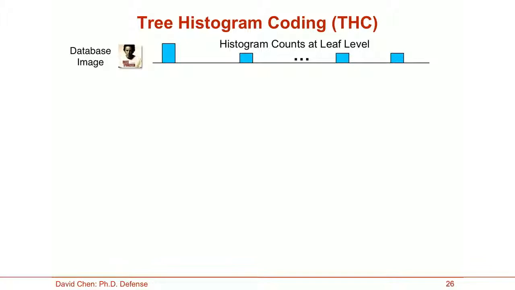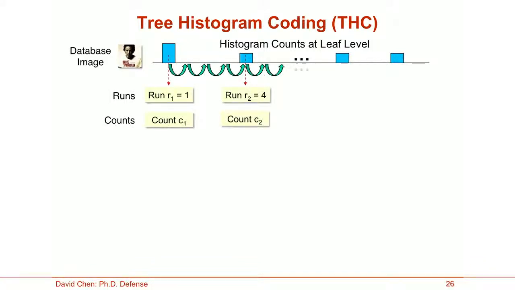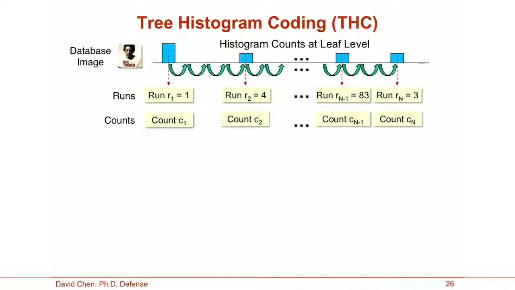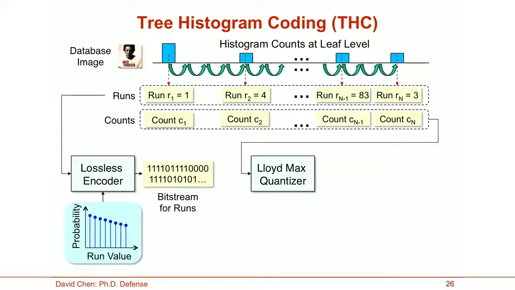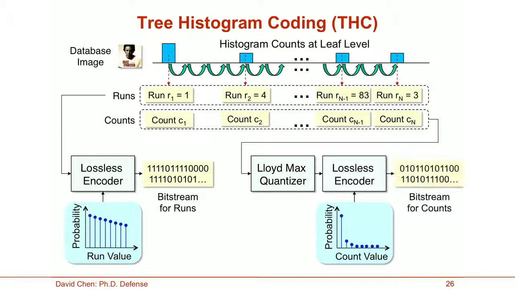Also, because most of the bins are empty at the leaf level, we perform an efficient run length encoding of these counts. This results in a set of runs and a corresponding set of counts. For the runs, we losslessly encode them into a compact bit stream. For the counts, we perform a Lloyd-Max quantization, and we losslessly encode the quantization indices.